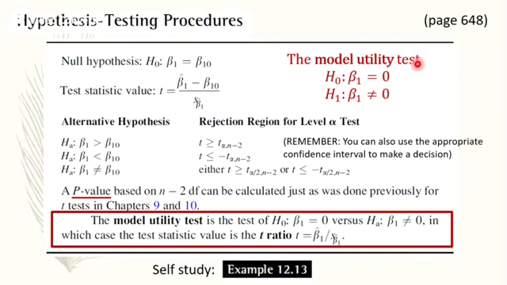It is called the model utility test. So just bear that in mind. Everything else remains the same, just your null value is 0 everywhere. I'm going to look at it a little bit closer so you can see what it means. But here, just remember, you can look at example 12.3 to see how this hypothesis test is performed.